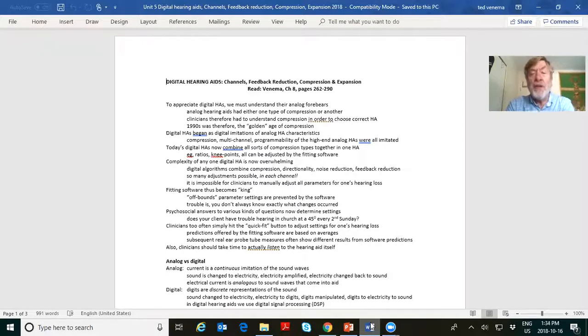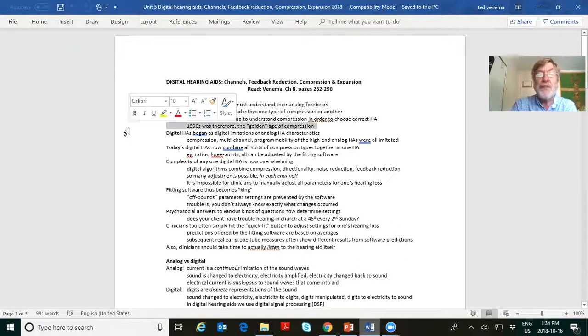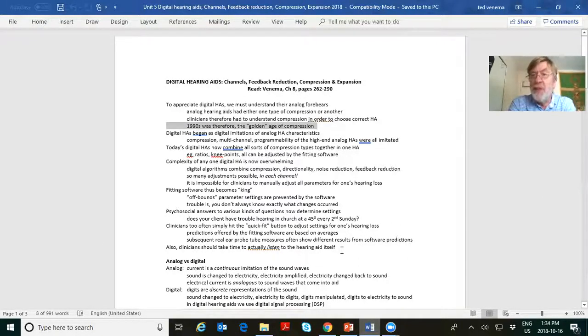I always call that the golden age of compression, the good old days. People had to know their compression types, because the hearing aid was one type or another, and if you ordered the wrong one, you had to send it back to the manufacturer and get another one.